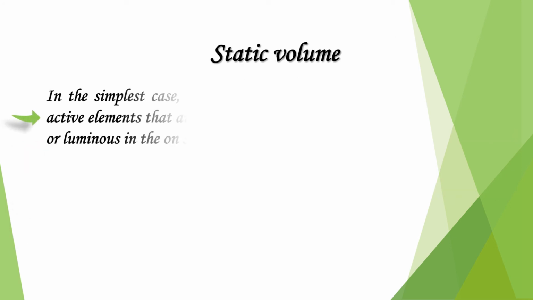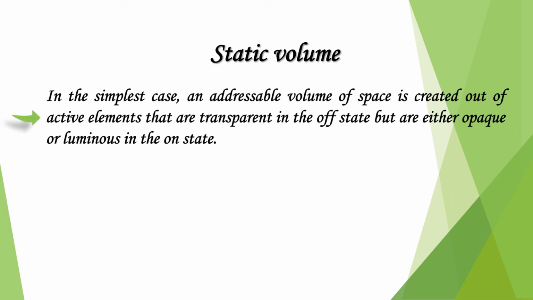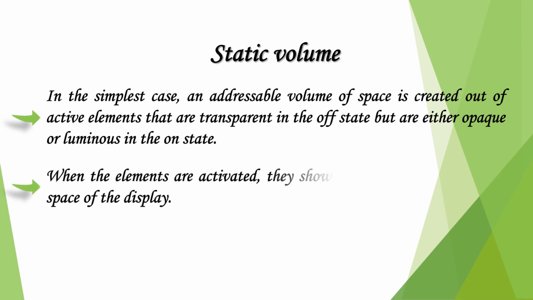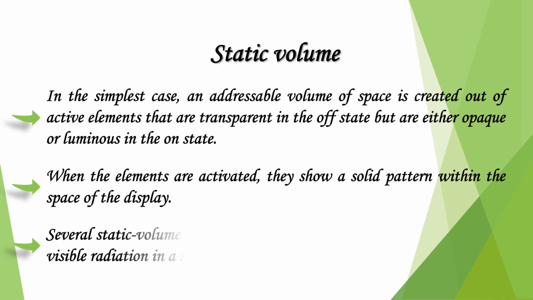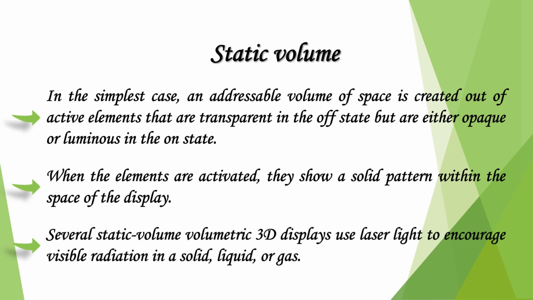In the simplest case, an addressable volume of space is created out of active elements that are transparent in the off state but are either opaque or luminous in the on state. When the elements are activated, they show a solid pattern within the space of the display. Several static volume volumetric 3D displays use laser light to encourage visible radiation in a solid, liquid, or gas.